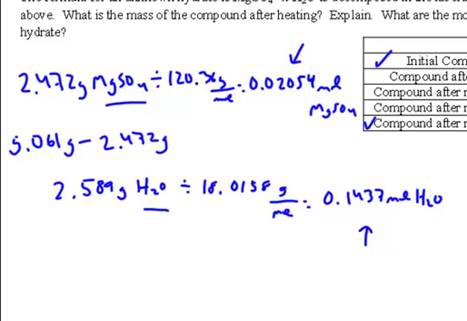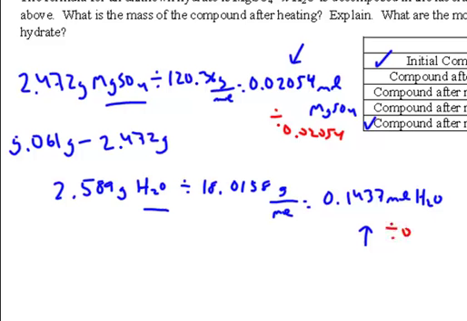Now, how do we find out what our ratio of moles is? A nice easy thing we did last year was we always divide by the smallest one. If you can't see the ratio there, now I can see it's a 2 to 14 ratio, which is the same as 1 to 7. But if you can't see it, divide by the smallest one. Divide by the 0.02054 if you can't see it.